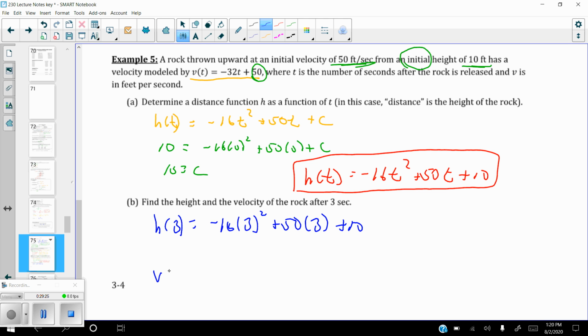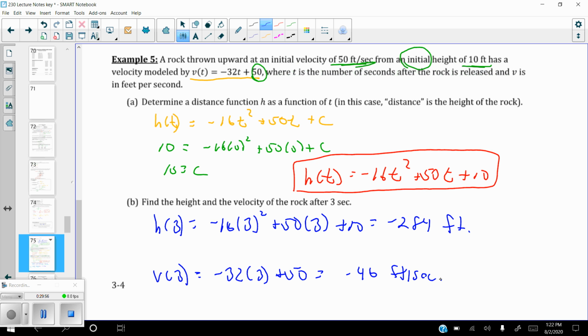And we're going to get the velocity at time 3 is just going to be, using the velocity equation, negative 32 times 3 plus 50. So let's see what we actually get here. And it looks like our height is going to be negative 284 feet. And our velocity is going to be negative 46 feet per second.